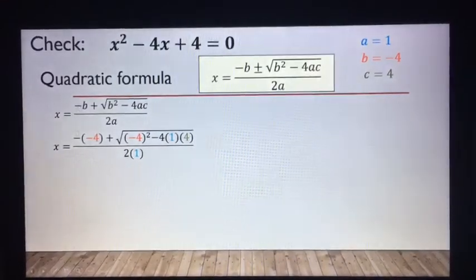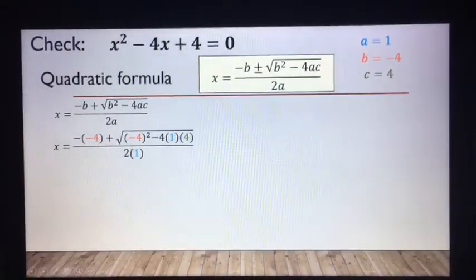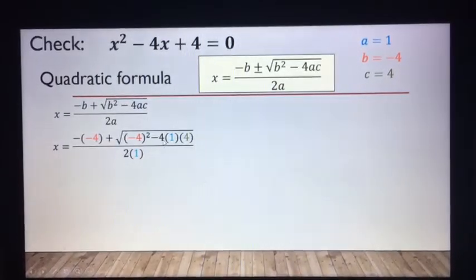Here. Copy this negative sign and replace b with the value of our b. So, b is negative 4. So, negative b is negative negative 4 plus or minus the square root of negative 4 squared minus 4 times 1, the value of a, times 4, the value of c, over 2 times a, wherein a is equal to 1.